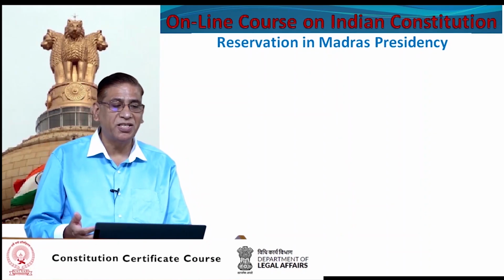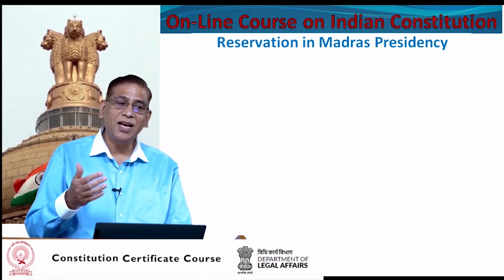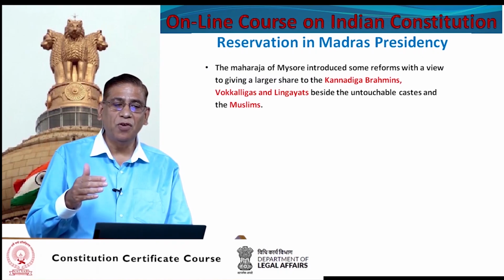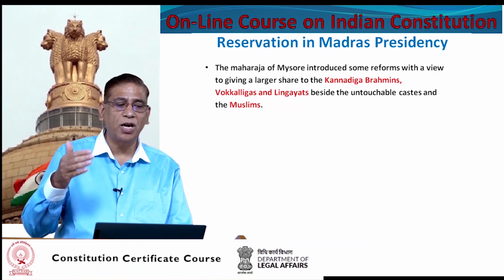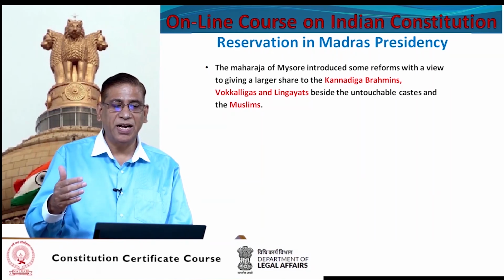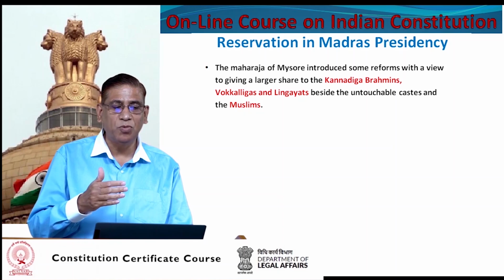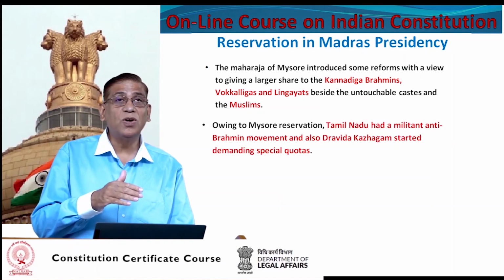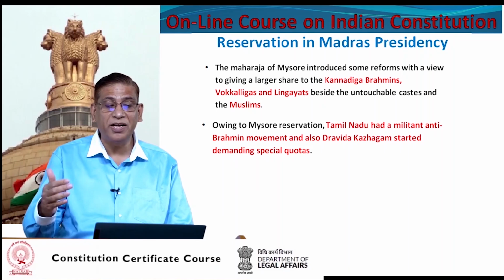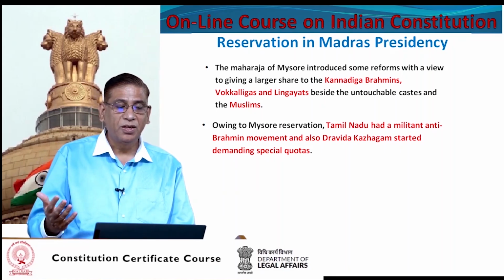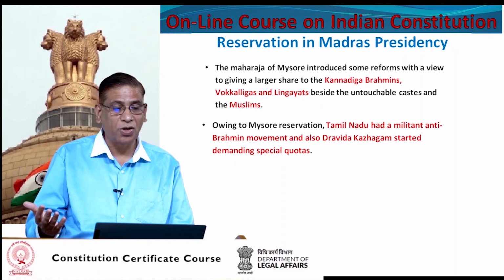Subsequently, the reservation policy would be adopted by the Madras Presidency. The Maharaja of Mysore introduced some reforms with a view to giving a larger share to Kannada Brahmins, Vokkaligas and Lingayats, besides the untouchable castes and Muslims. Due to this reservation, there was an anti-Brahmin movement in Tamil Nadu, and the Dravidian movement also started demanding special quotas.